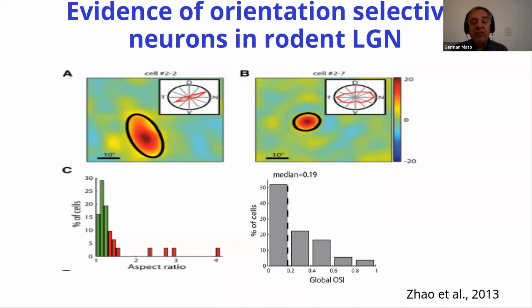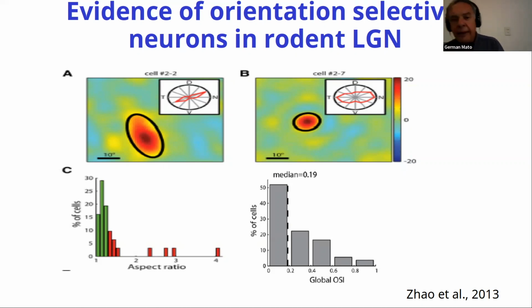There is a broad distribution of aspect ratio of these elongated receptive fields. So the aspect ratio is the ratio between the long axis and the short axis of the ellipsoid, and this gives rise to a broad distribution of OSI. Here we see that the median of OSI for the LGN neurons in mouse is about 0.2, consistently with the results I showed before.